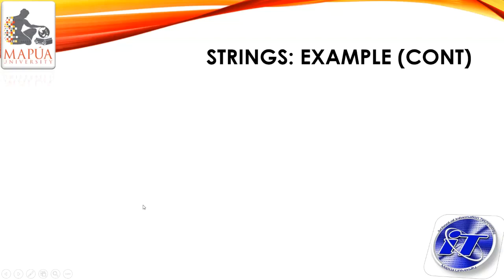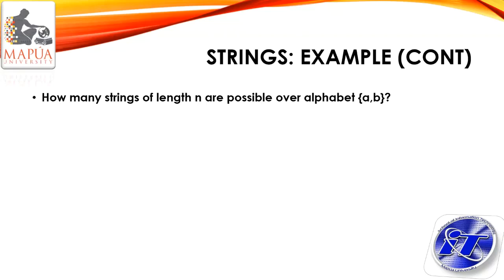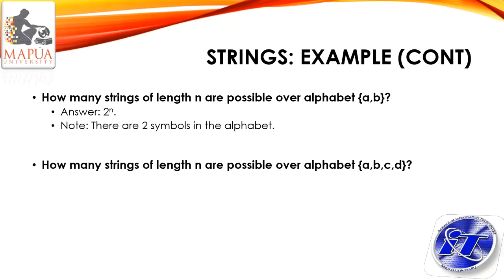Okay, so let's continue. How many strings of length n are possible over alphabet {A, B}? Again, using the power of 2 rule, the formula will be 2 raised to n, wherein n is the length. And in case we have more than 2 symbols, like in this example {A, B, C, D}, the formula will be the number of symbols in the alphabet raised to n.